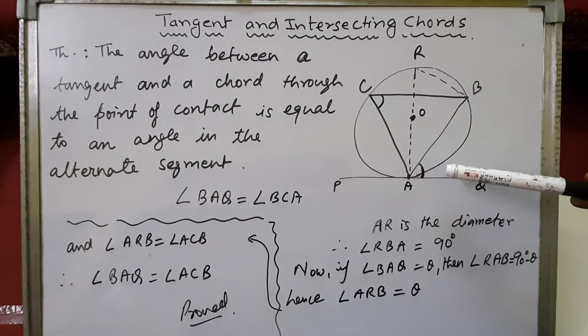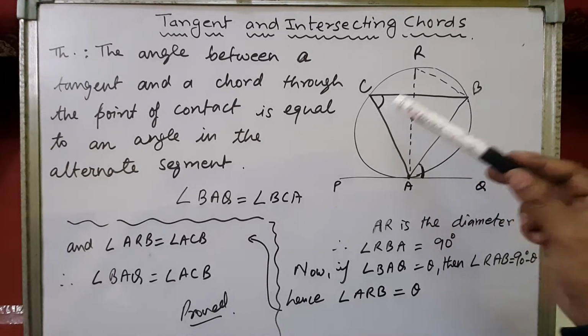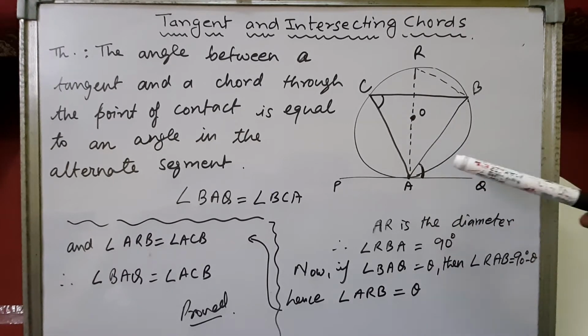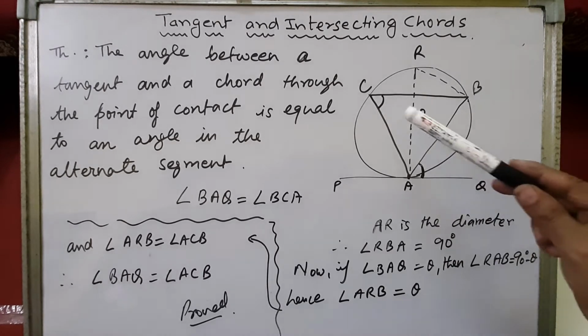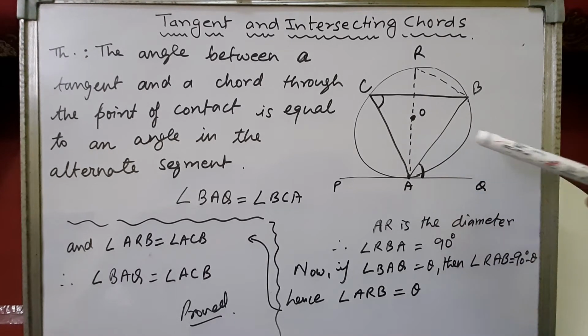So the theorem says that angle BAQ will be equal to angle BCA, and these angles will be called angles in the alternate segment. Alright, let's learn how we can conclude that angle BAQ equals angle BCA.